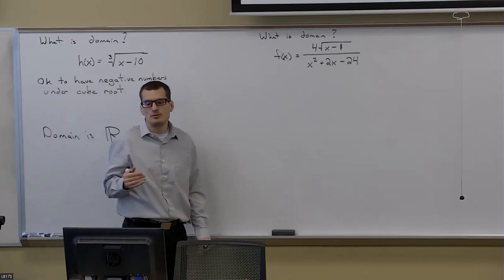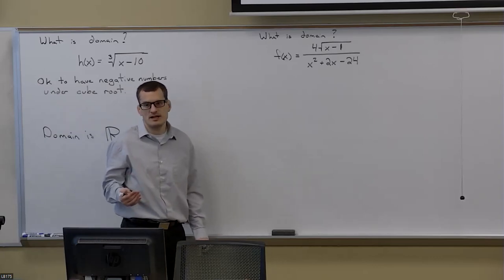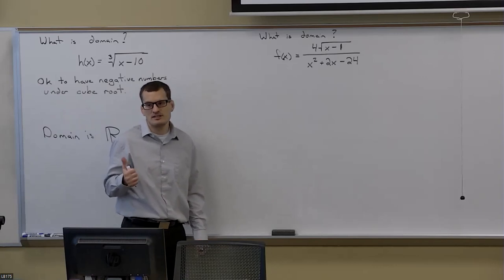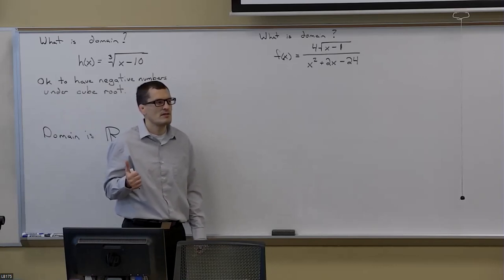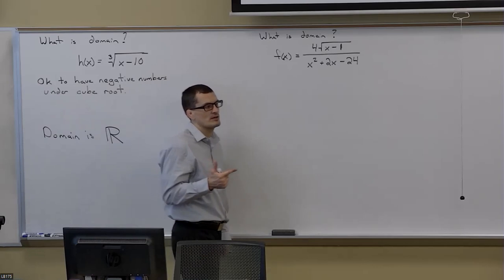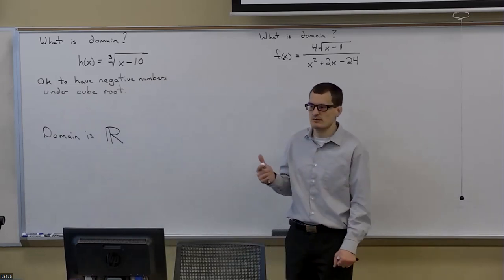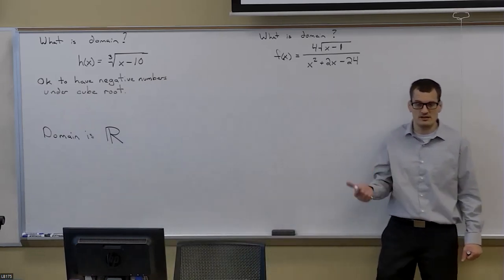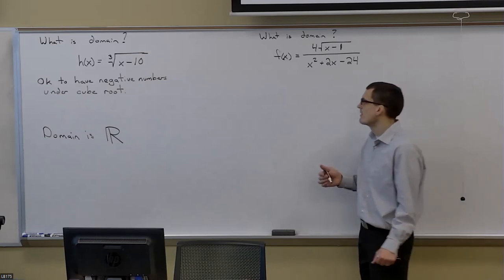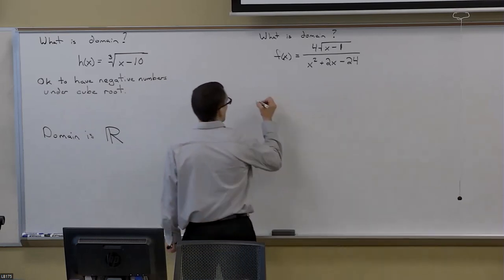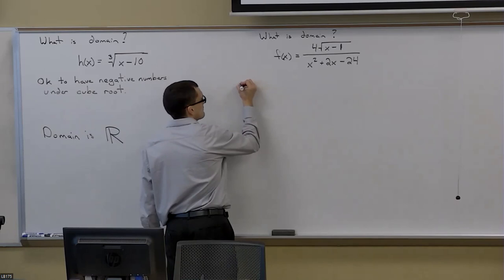Here there's multiple places for bad spots, right? Our denominator could be 0. And then we have a square root, and we want to avoid a square root of a negative number. So a lot of things to avoid.